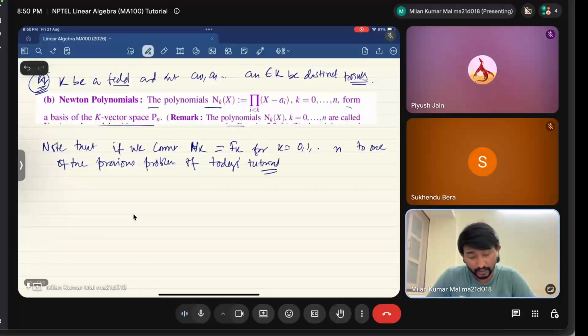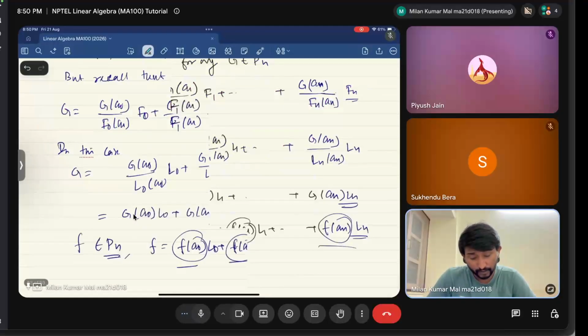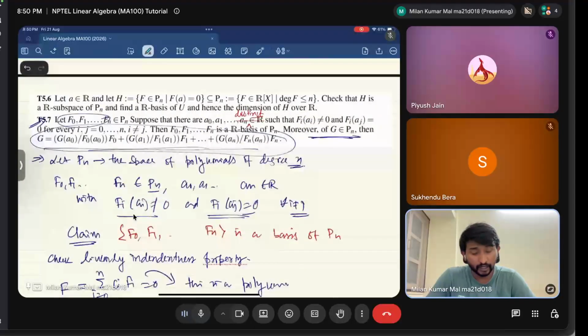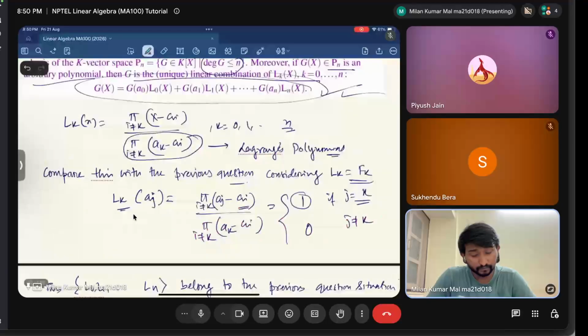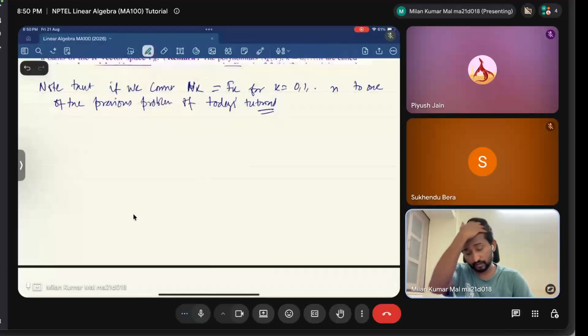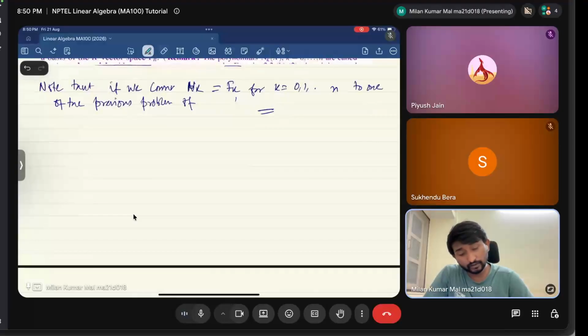Which one? That problem where you have shown the linear independence, basis and all these things.